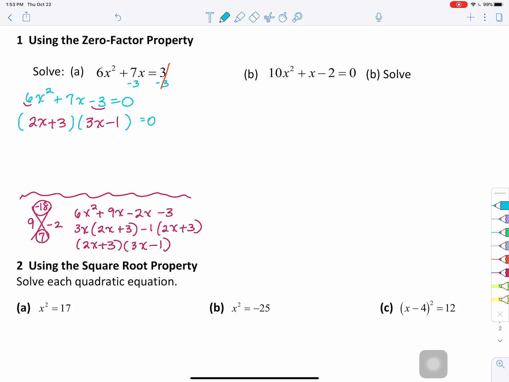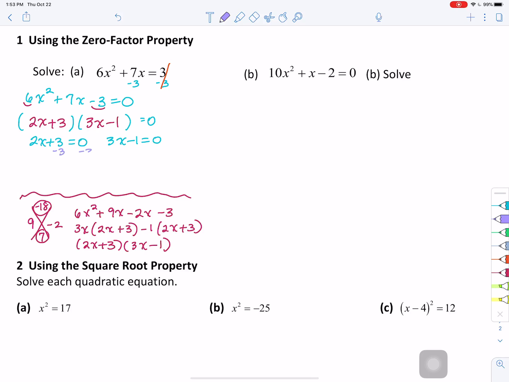Now, we know by the zero factor property, if we have factors set equal to 0, either this factor is 0 or this factor is 0. And if you have more, that would be the case also. Or they are all 0, or some of them. So we write 2x plus 3 must be equal to 0, 3x minus 1 equal to 0, and we'll go ahead and solve this.